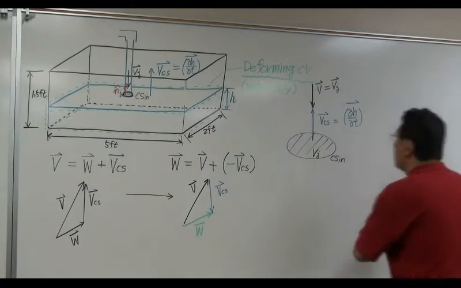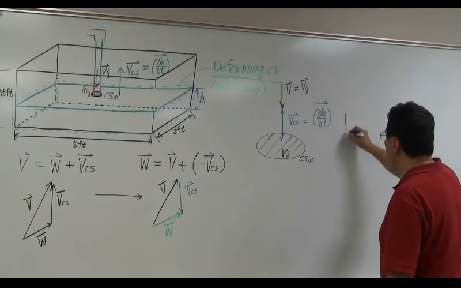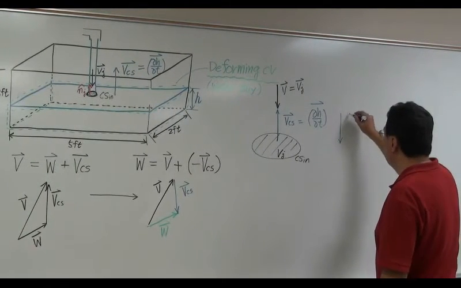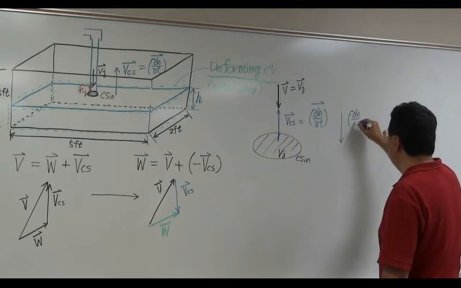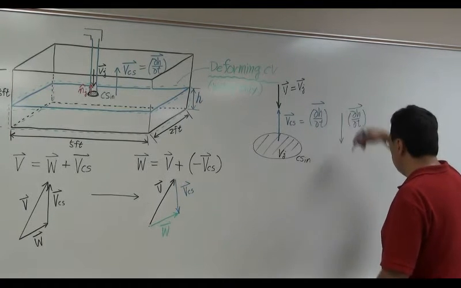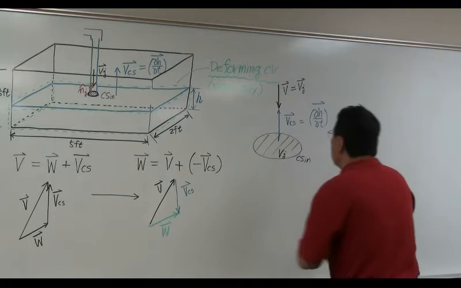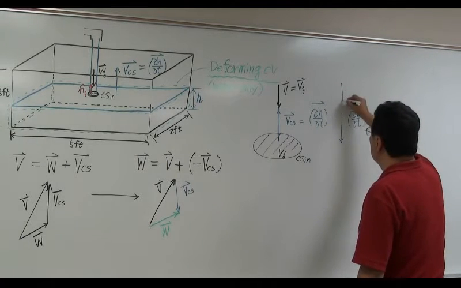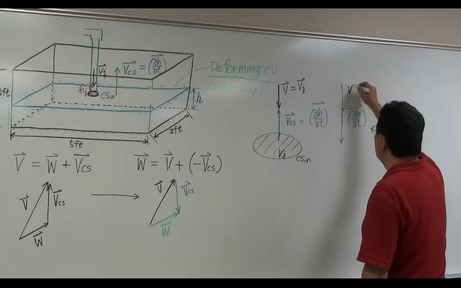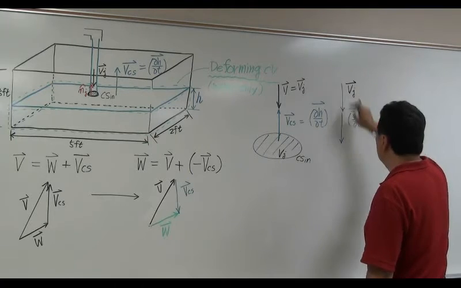This is dH dt, direction downwards, adding B sub J. Add them together.